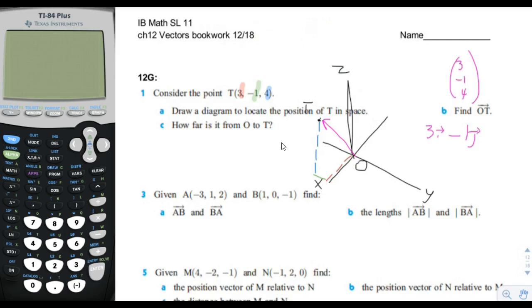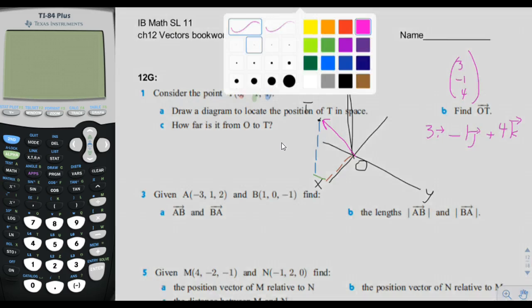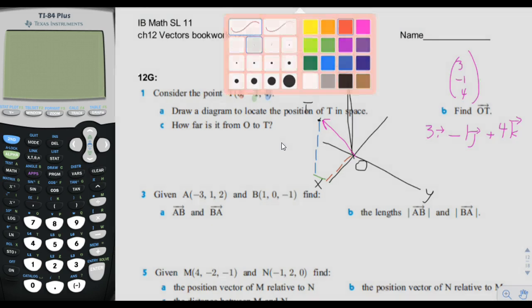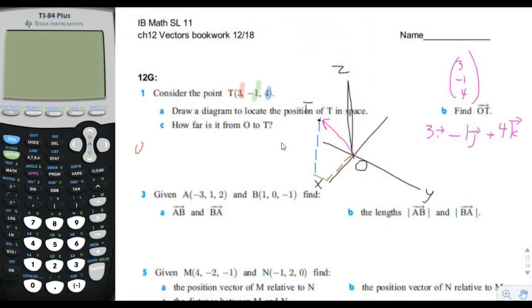How far is it from O to T? To do that you would use the Pythagorean theorem. The distance OT you can find by taking the square root of the x component of the vector squared plus the y squared plus the z squared.